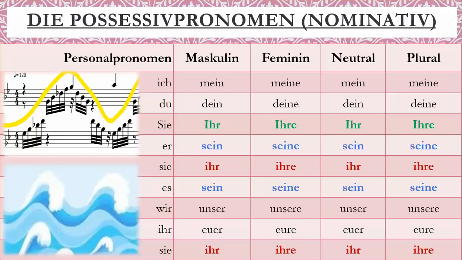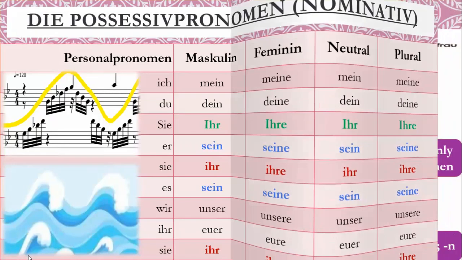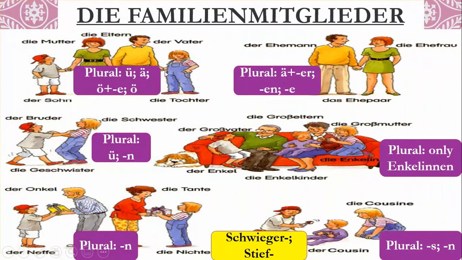So let's now have a look at some common family members in the German language. Family members in German is again a compound noun made up of die Familie as the noun and die Mitglieder, members.